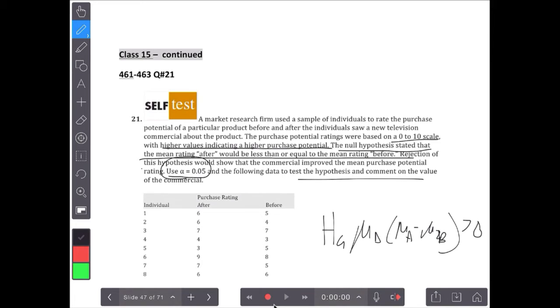So if the commercial had no effect, then the null hypothesis would simply be that mu D, the difference between those two means, is less than or equal to 0. In other words, it did worse or the same as before.